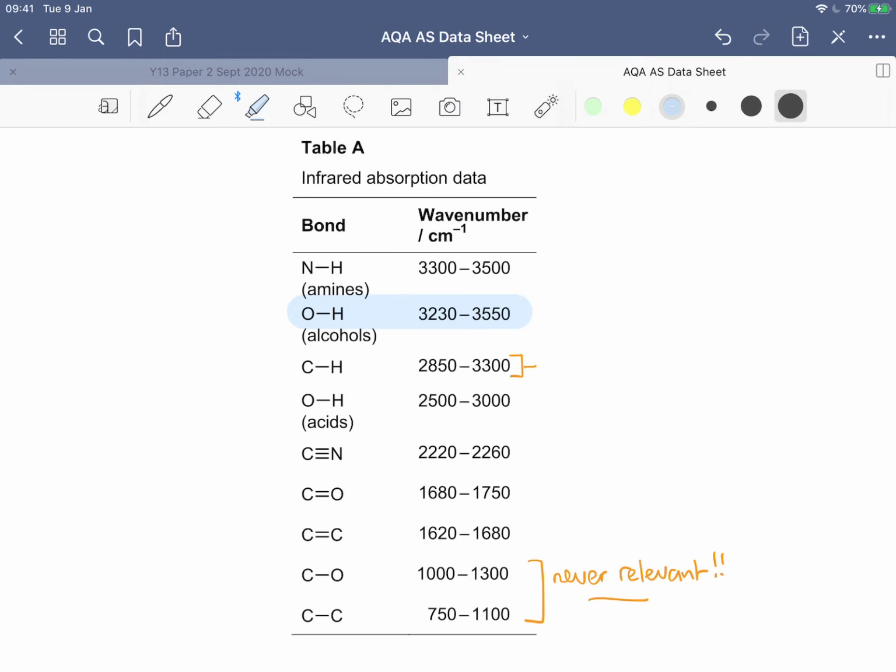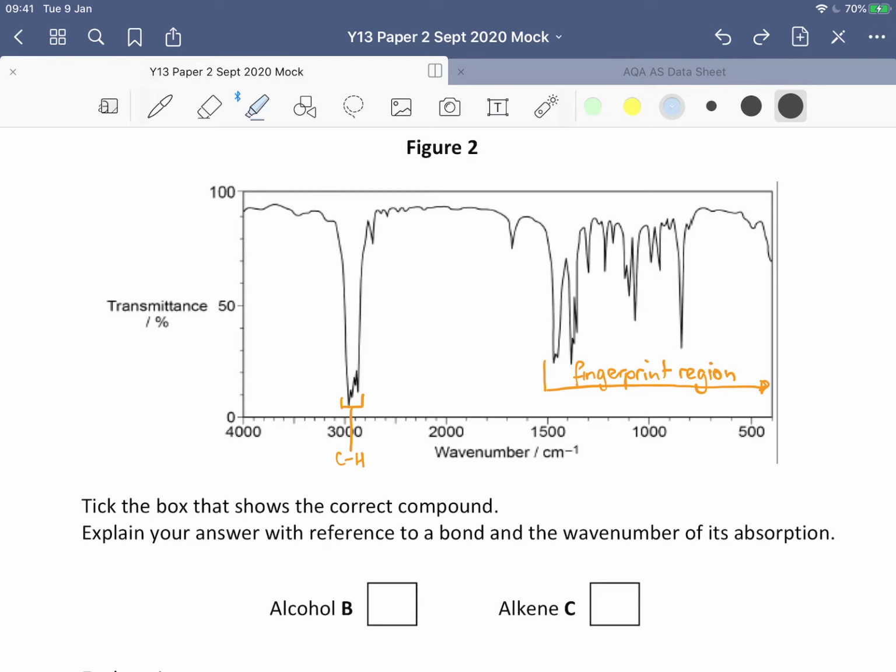Obviously, we would use the real numbers in our answer, but just for the purpose of annotating, if we have an alcohol, we would expect an absorption that would be where the OH is.